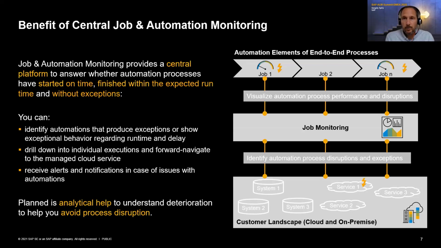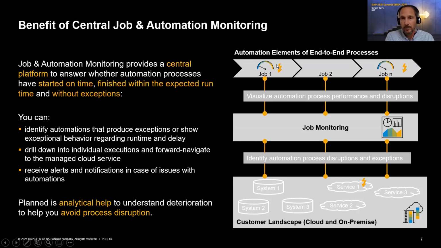And our job monitoring tool is basically the driving principle. It's a central platform. So we collect data from the different platforms, we visualize them, but not only that, we give some signs if there's an issue with the job. And we do this actually for all the job types that we currently support.